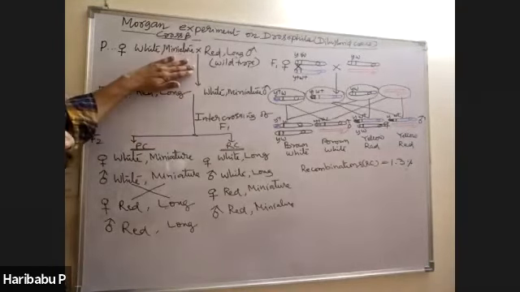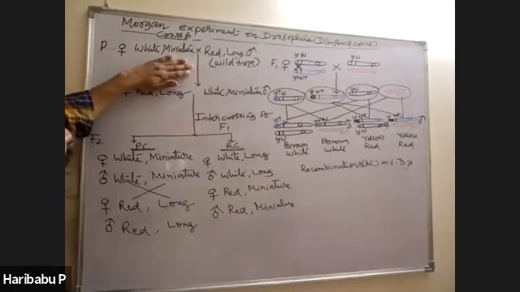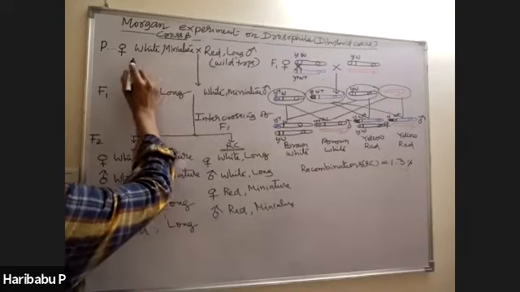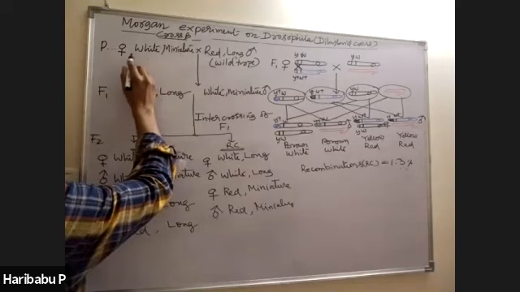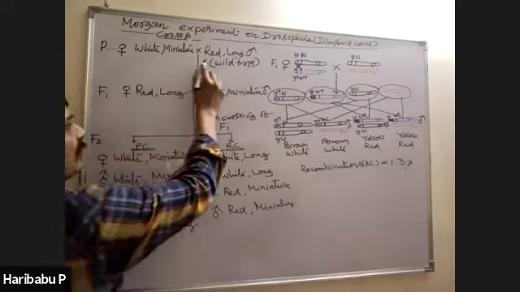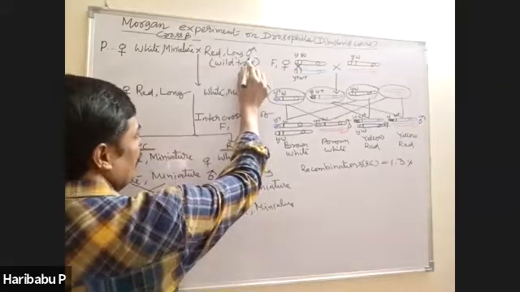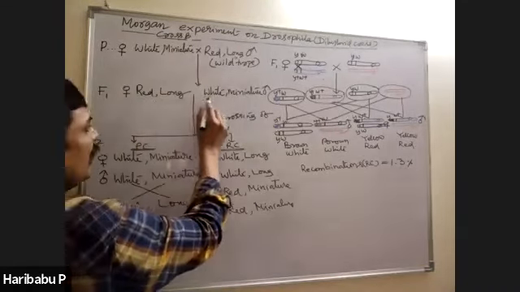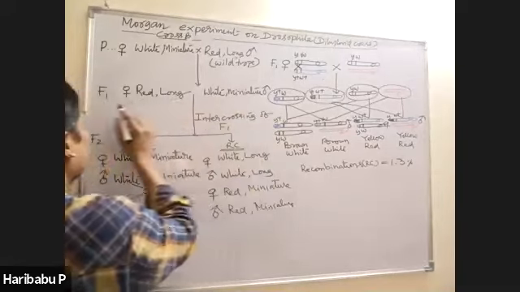In the second cross, Morgan conducted dihybrid cross experiments. For that, he crossed white miniature female flies with red long male flies. In the F1, red long female and white miniature male were obtained.